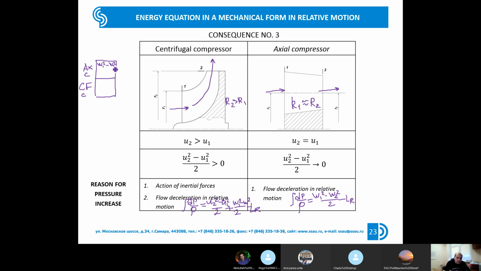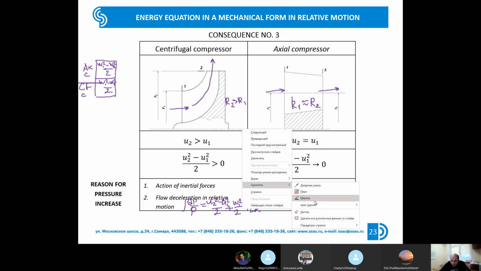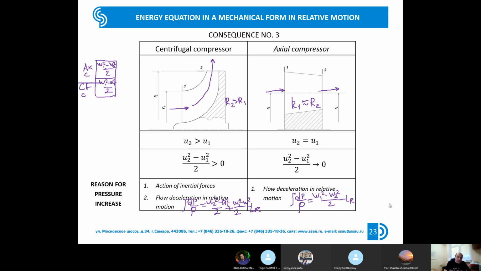And let's imagine that this part is approximately equal for both types of compressor. But in the case of the centrifugal compressor, we additionally add this part. We additionally add this term. We additionally add the action of inertia forces.